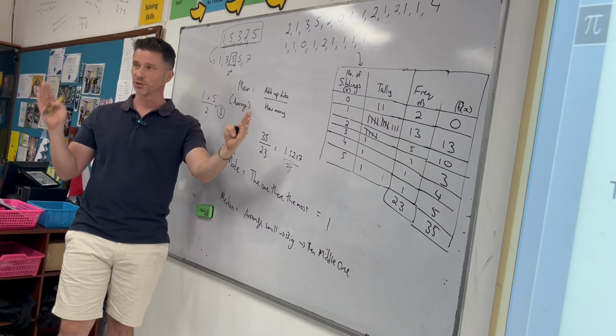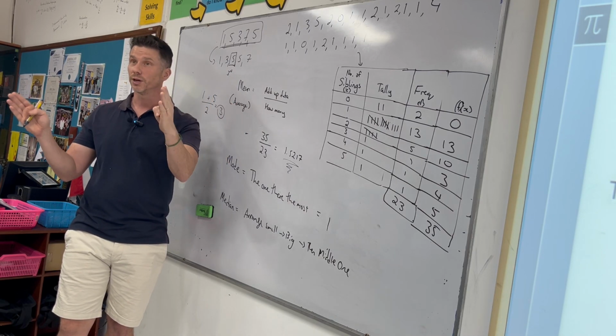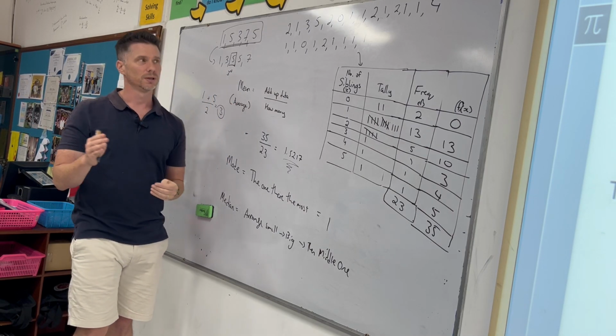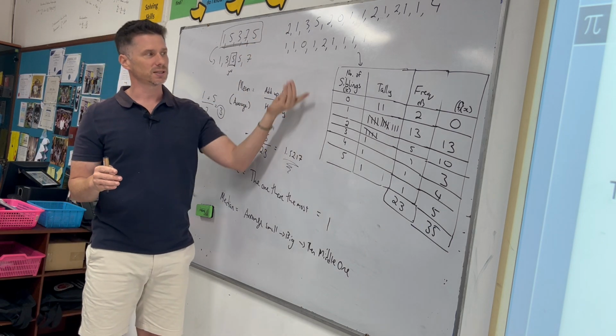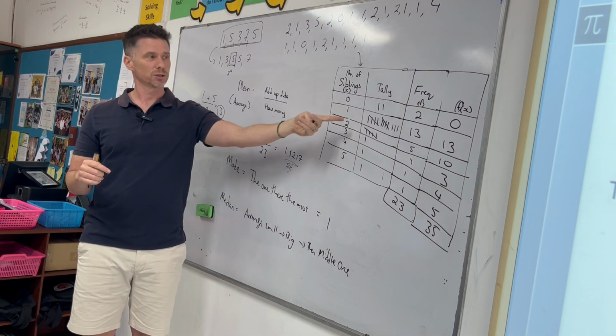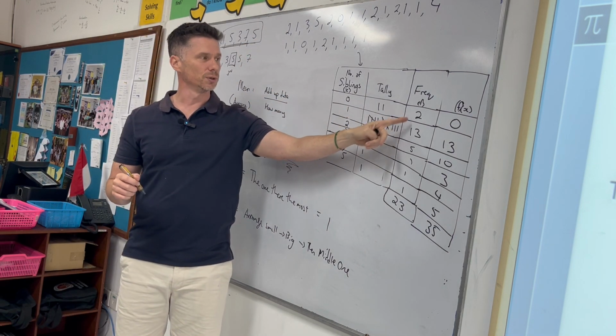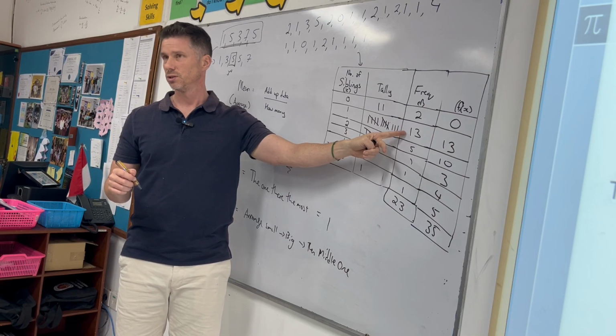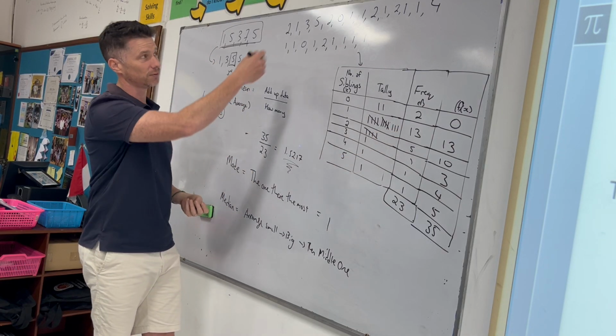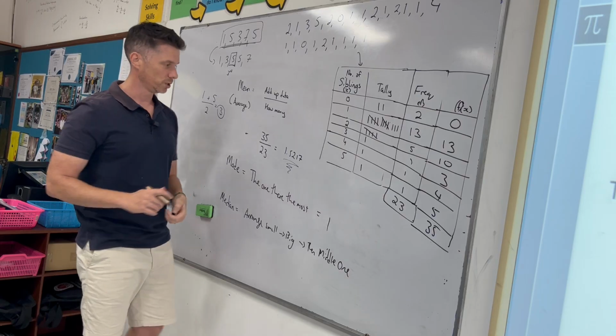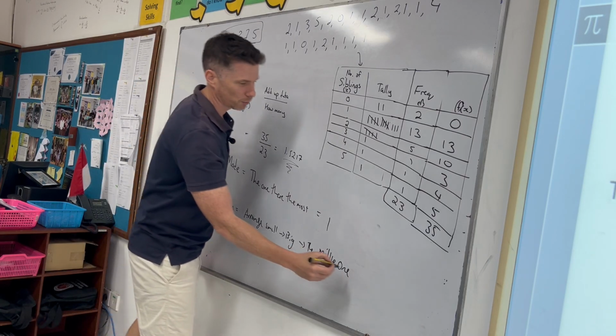That would be the 12th. So the 12th person in this list lies where? The first 2 are 0 and the next 13 are 1, so it would be 1. The median in my data is 1.